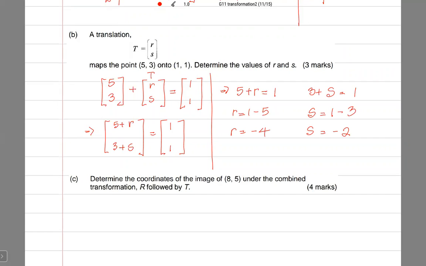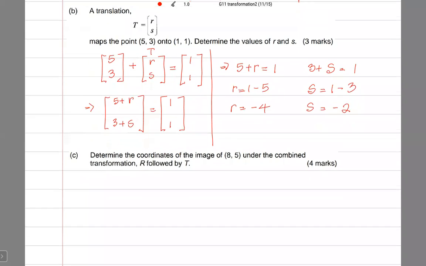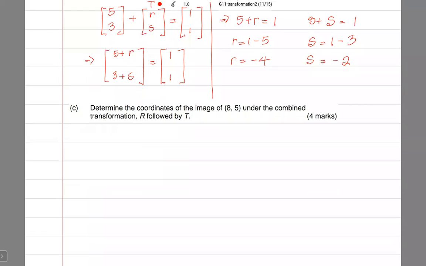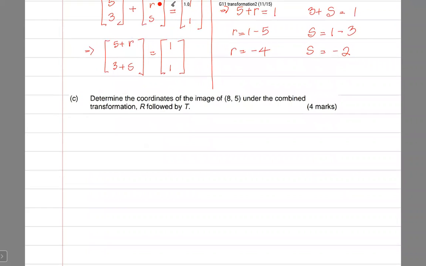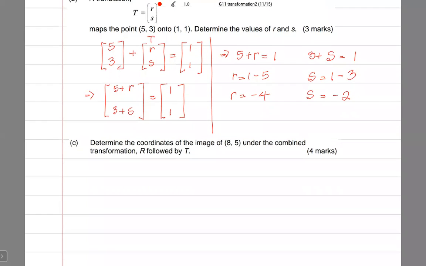Now, next we're asked to determine the coordinates of the image of 8, 5 under the combined transformation R followed by T. The first thing is that I'm going to show you why. The combined transformation R followed by T would actually be TR.